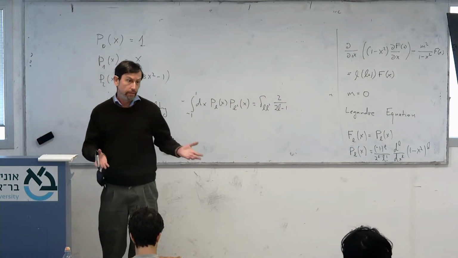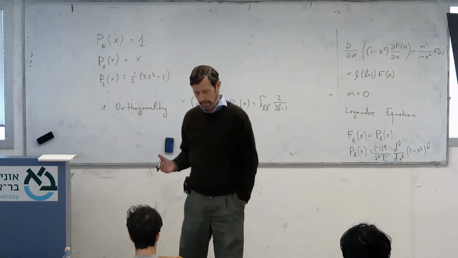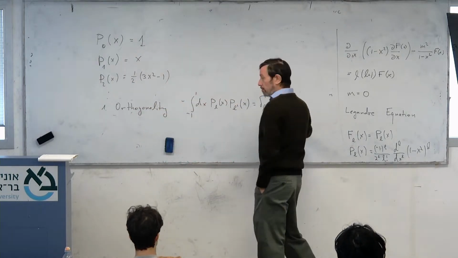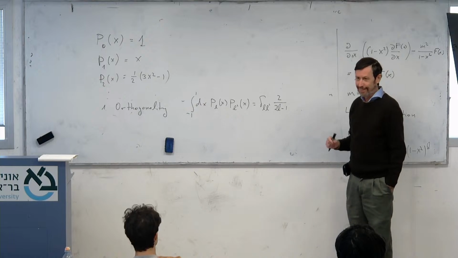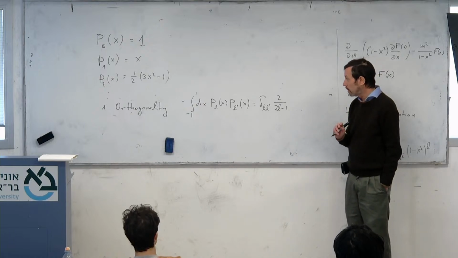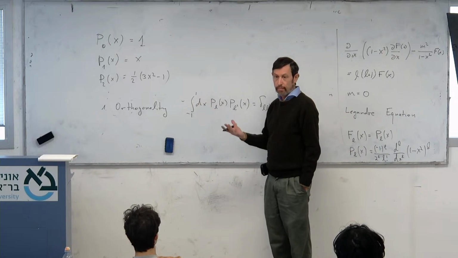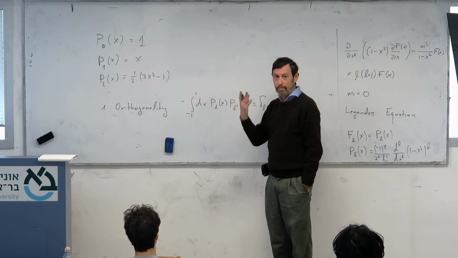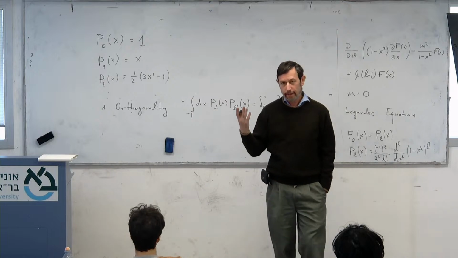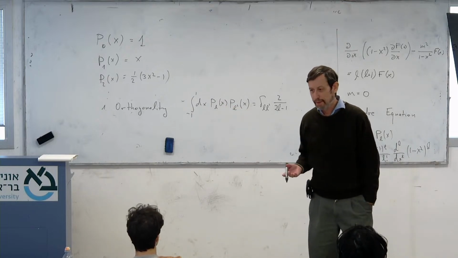Clearly, they are eigenfunctions. They have to fulfill orthogonality up to normalization, and here comes in the normalization. Why are these the boundaries? Simply because if you remember that they come out of cosine theta, these are the boundaries.